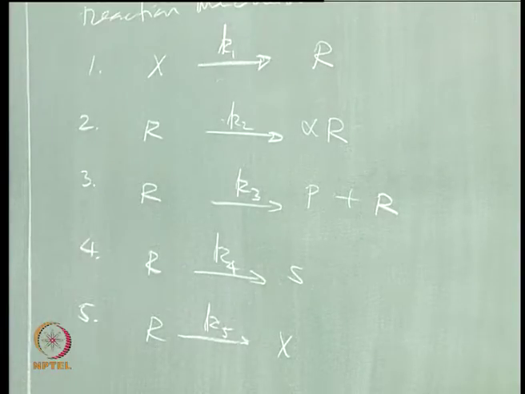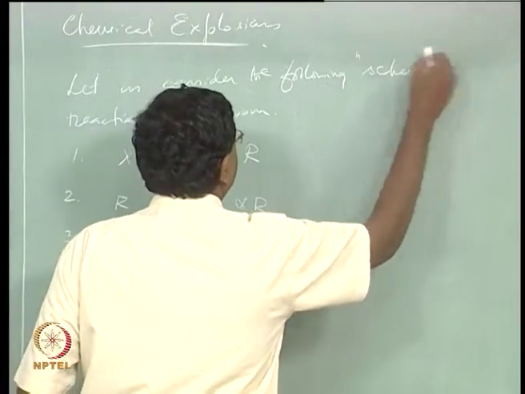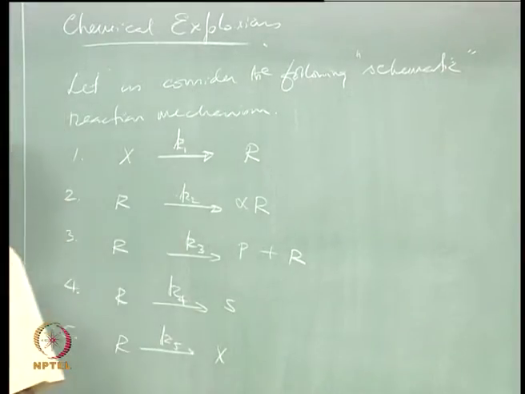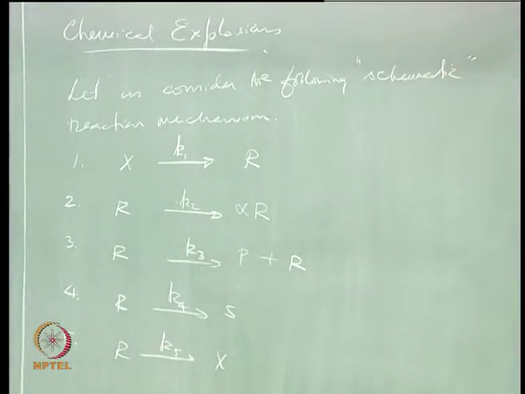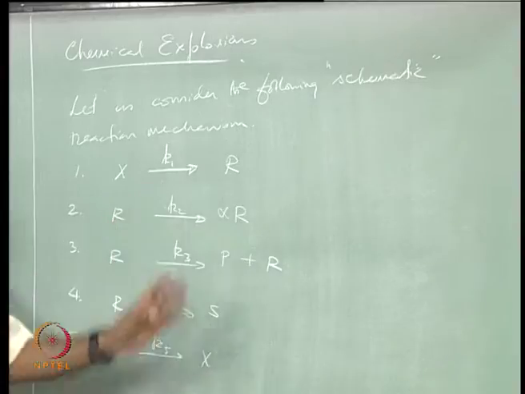Now this is obviously looking a bit strange. If it isn't looking strange, then you must be a genius, right? What we mean by a schematic reaction mechanism here is that this reaction scheme is focusing only on the intermediates.